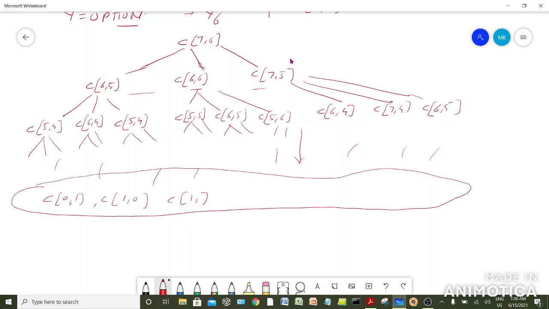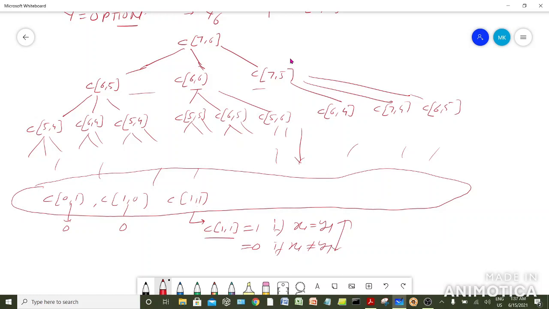Now we already know that C of 0 1 is equal to 0, C of 1 0 is also equal to 0, and C of 1 1 will be equal to 1 if x of 1 was equal to y of 1 and was equal to 0 if x of 1 was not equal to y of 1.